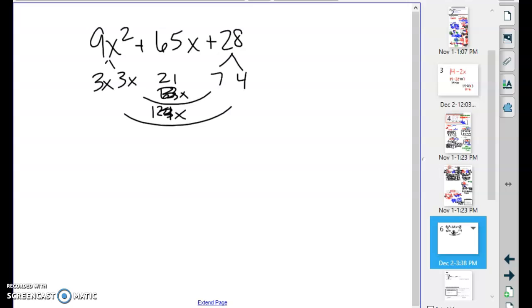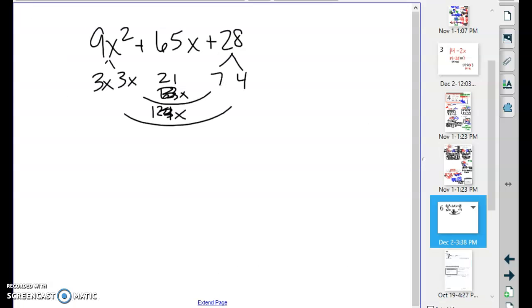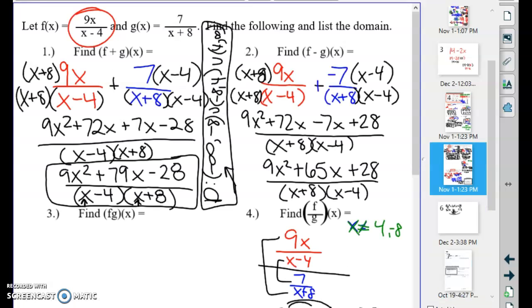I really would need the 4 or an 8 anyway because of what my original problem said. It has an 8 and a 4 on the bottom. So if I can't get that out, then I don't really care. So here I have it. That's as good as it gets right there. Wahoo. And then my domain still works the same as the other one.